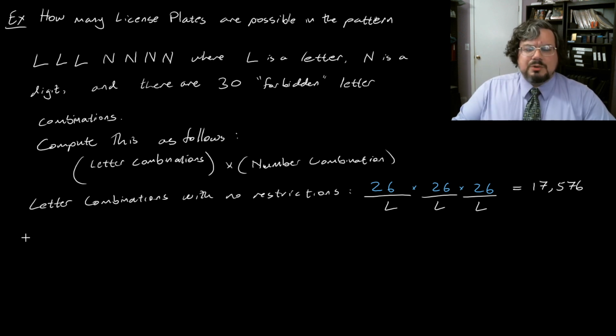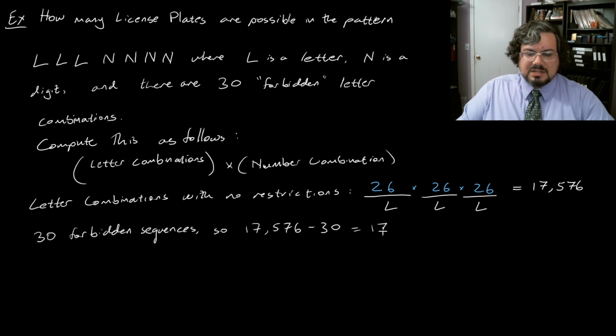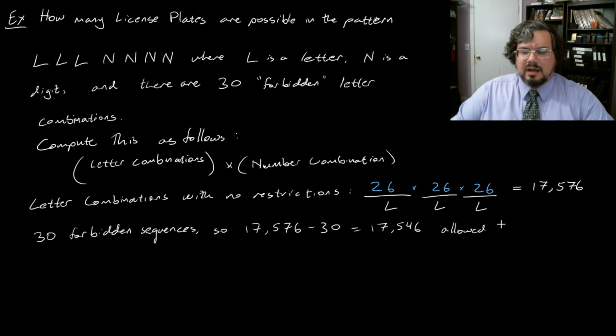However, some of those are forbidden. So there are 30 forbidden sequences out of these 17,000 and so forth. So there are 17,576 minus 30, which is 17,546 allowed letter combinations.